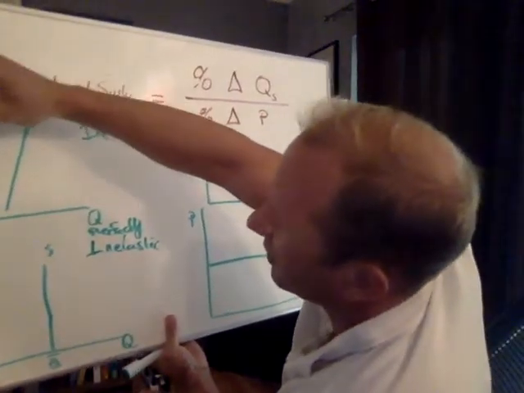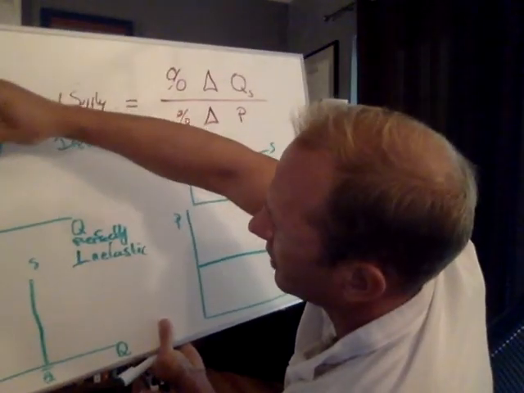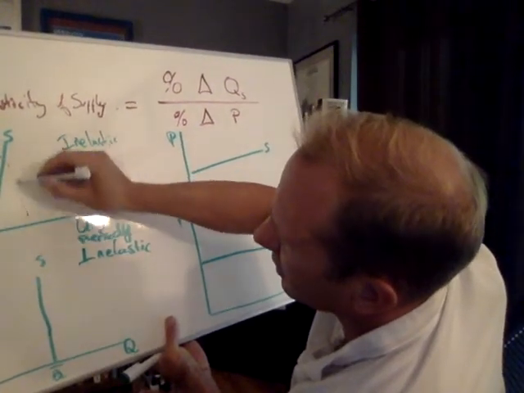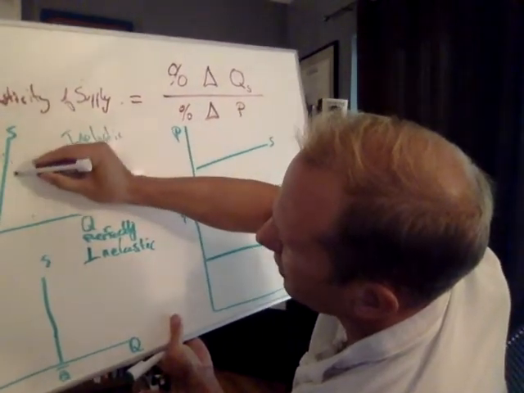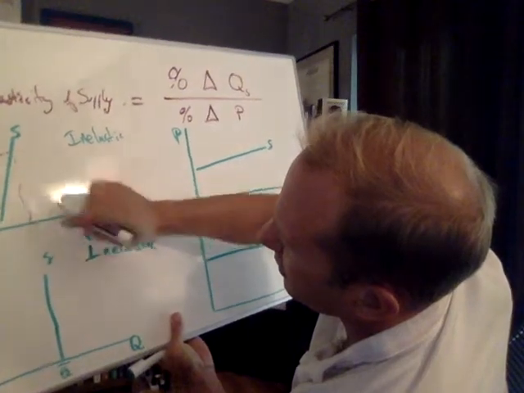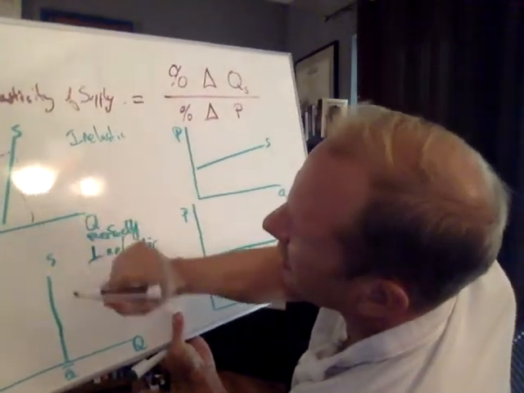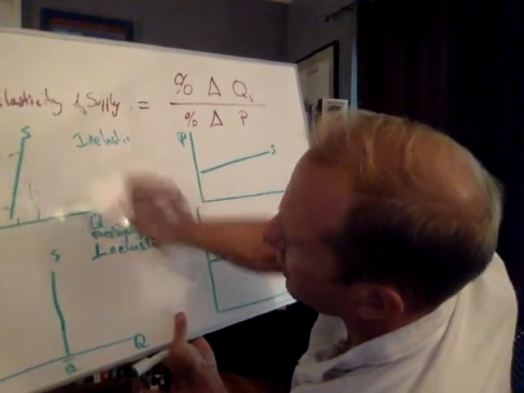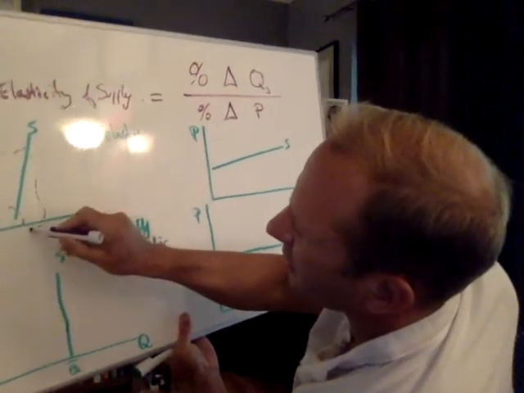Watch. There's the price fall. At the higher price, they were willing and able to sell this much, here. Then the price fell all the way to here. Huge fall in price, and the quantity only fell this much.